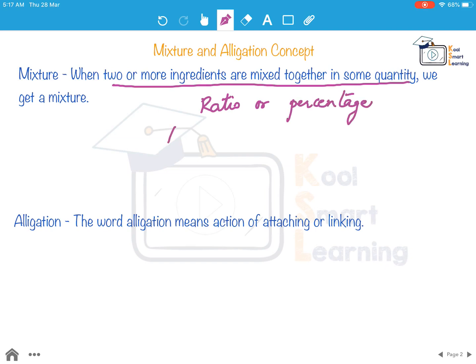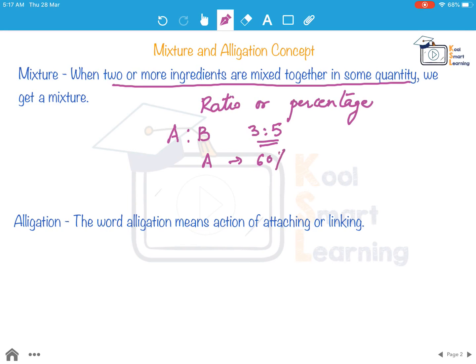So if we have two ingredients A and B which are mixed together, then we can say that A and B are mixed in a proportion of 3:5. This is how we can express a mixture, or we could say that A is 60% and B is 40% in the mixture.